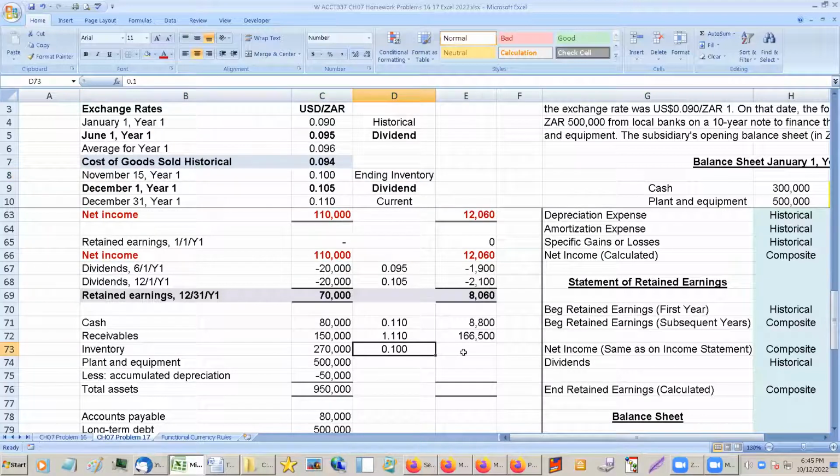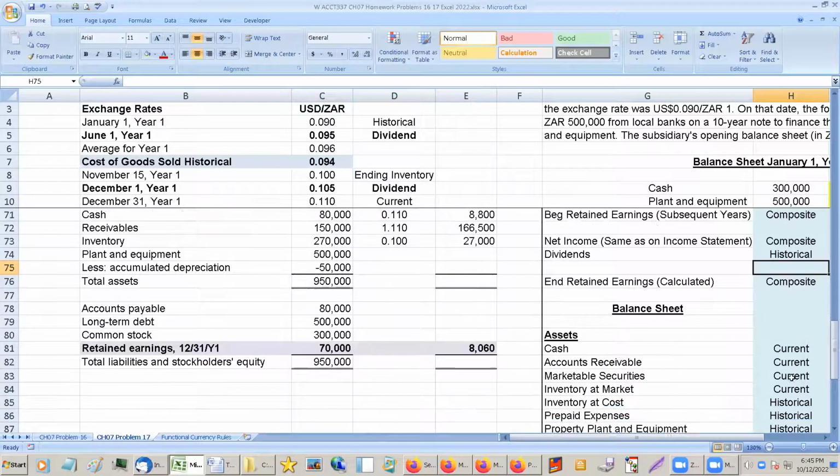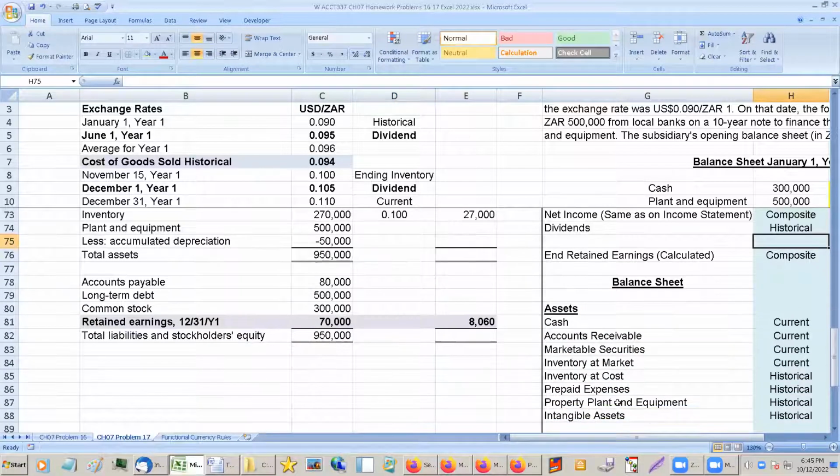Inventory can be a real headache just because you could have dozens of rates. You buy inventory every day sometimes. So, okay, plant and equipment, those go in at historical.